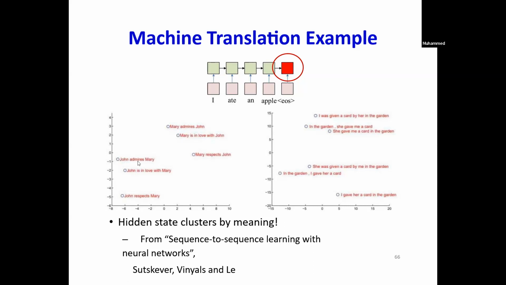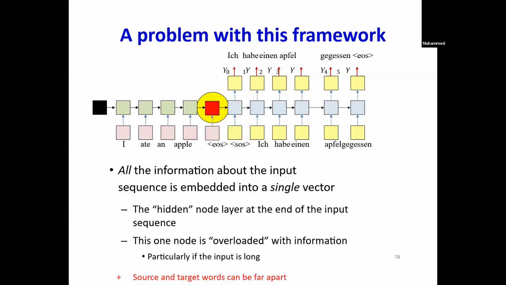Then John admires Mary and John is in love with Mary are also clustered. And Mary respects John, which has no similar meaning with the rest, is on its own. Then you have John respects Mary here. So this is generally what sequence to sequence learning with neural networks results in.